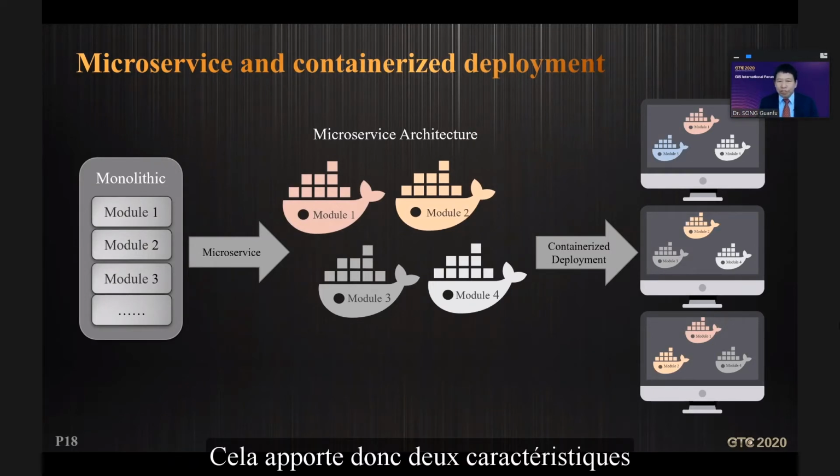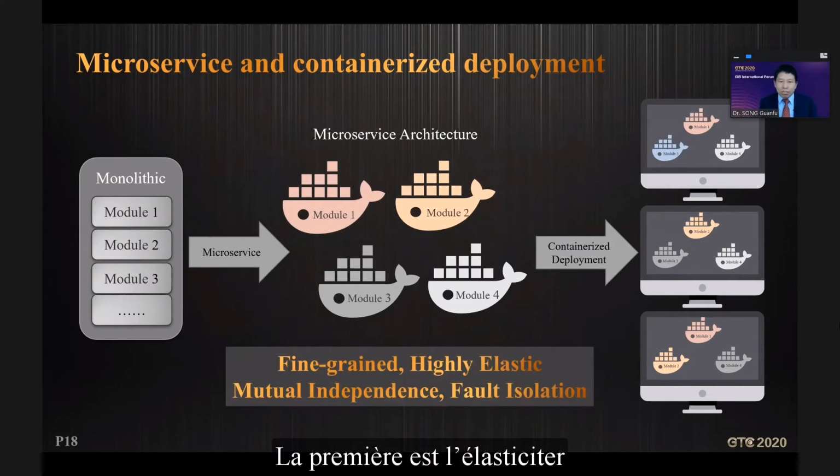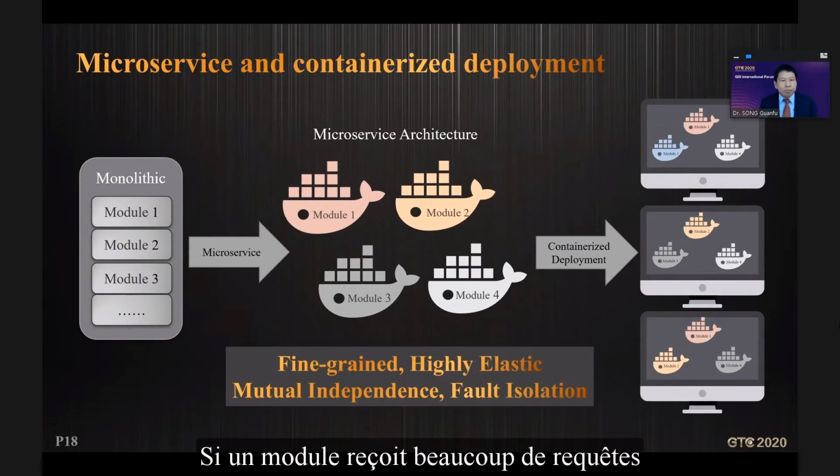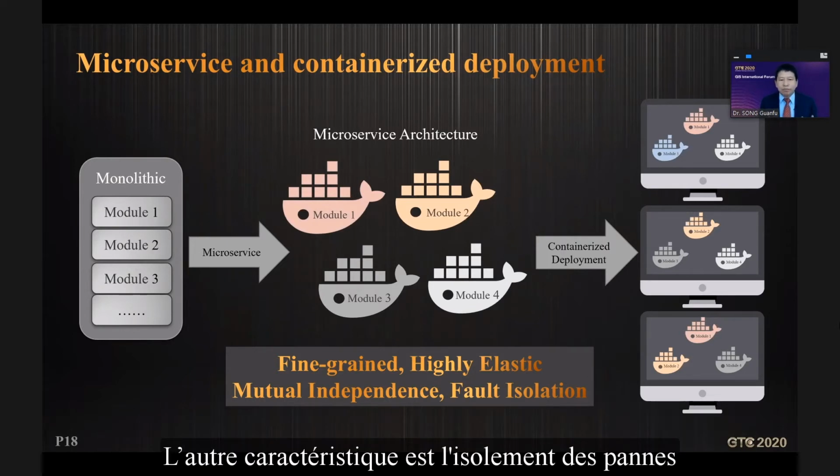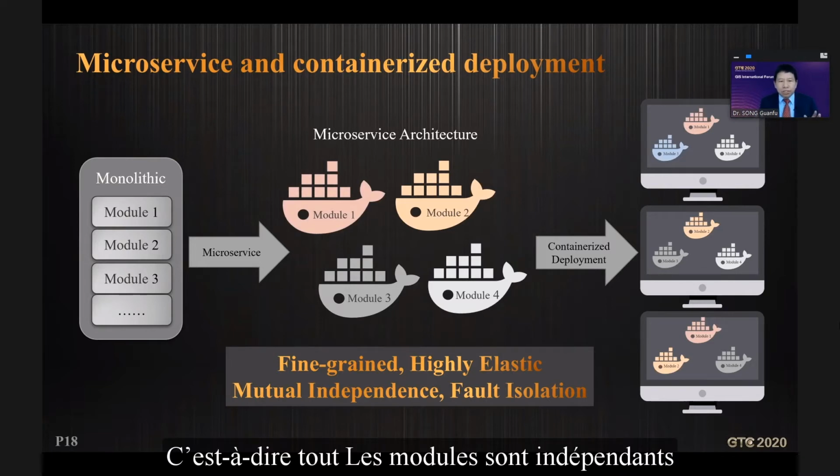This brings 2 features. The first one is high elasticity. If a module has a lot of requests, we only need to start more instances of this module instead of the whole GIS server. Another one is fault isolation. The modules are independent.